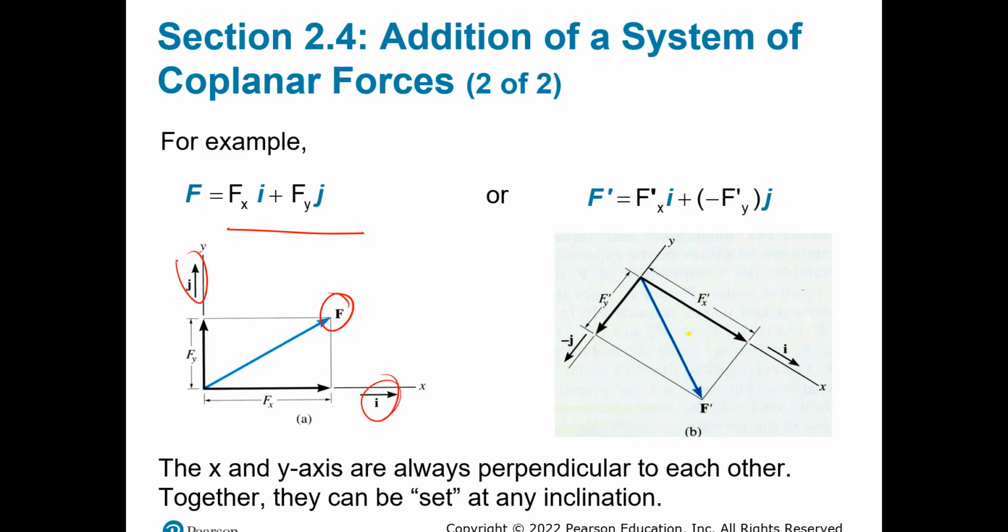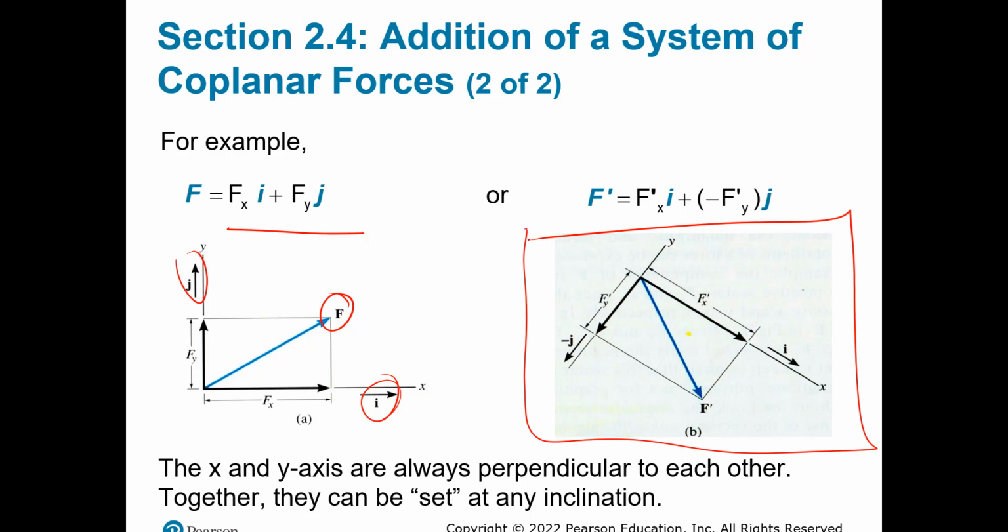So if you have, let's say, F prime, then you will have F prime x i plus or minus F prime y j. What it's trying to show you is that they can go into the positive side or the negative side. It doesn't really matter. You will use the signs in order to do that.